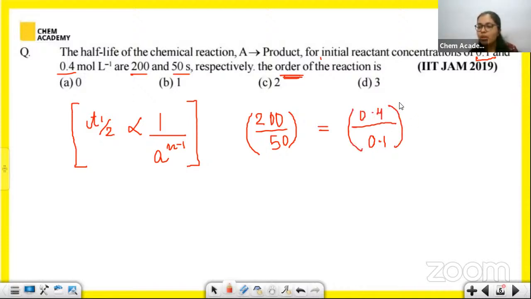And raised to the power will be n minus 1. Now on solving this, you can easily find out, on equating this, the order of the reaction, which will be equal to 2. All right.